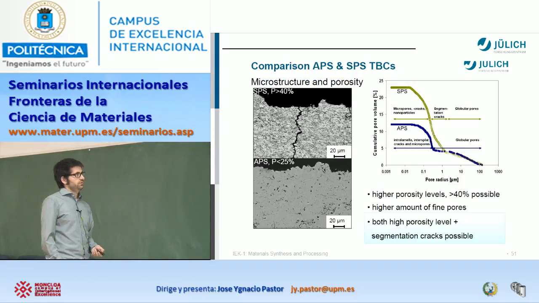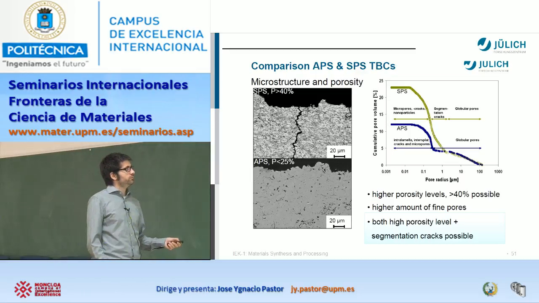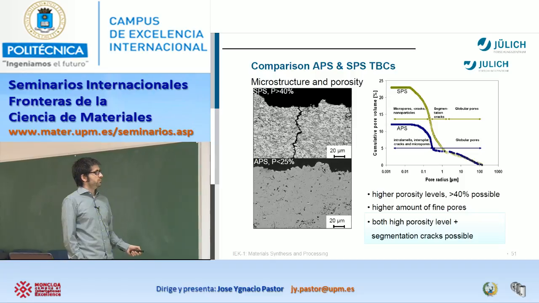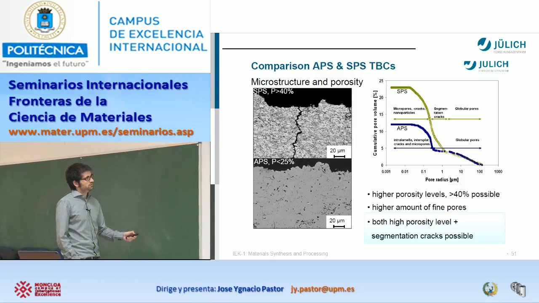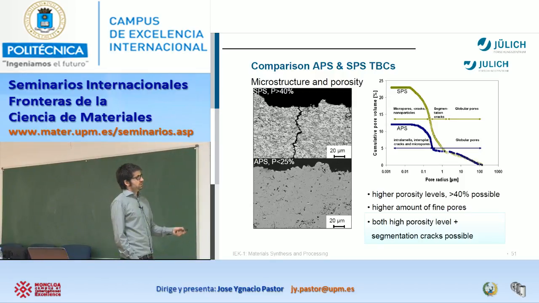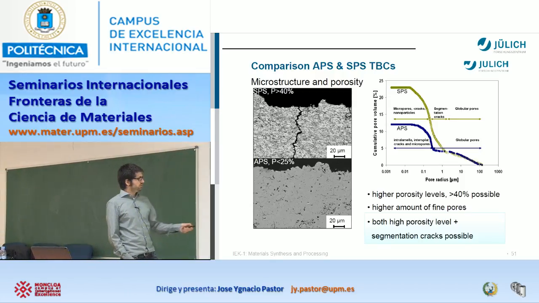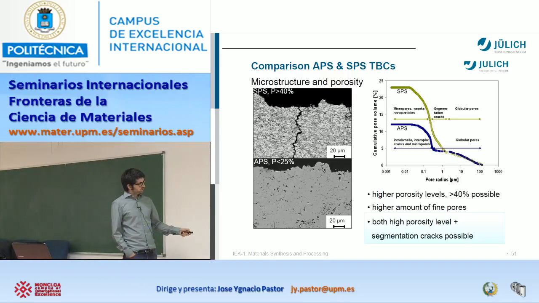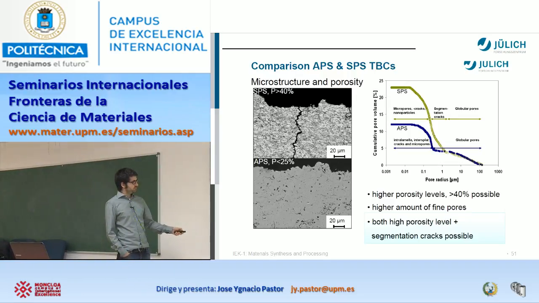Here, if we want to compare, for example, these two microstructures, by suspension plasma spray or the air plasma spray, the porosity here is really fine. Also there is obviously a crack that we want to show here, but as you see, instead here the porosity is larger. There are fewer pores, but they are larger.